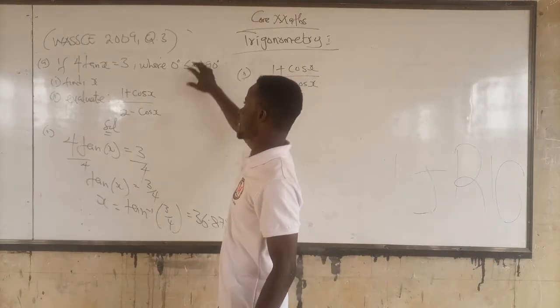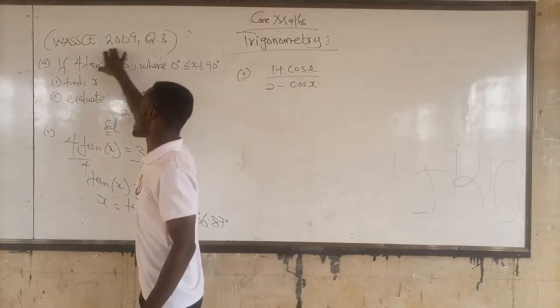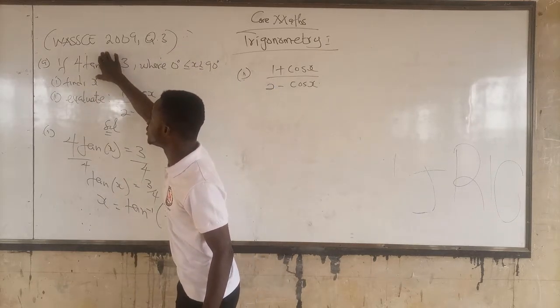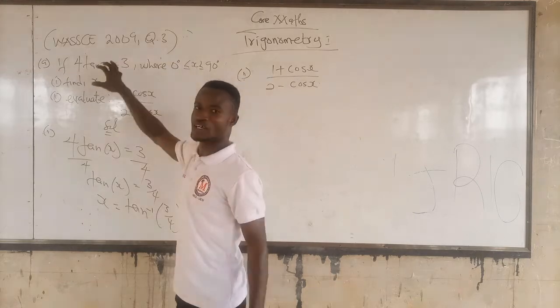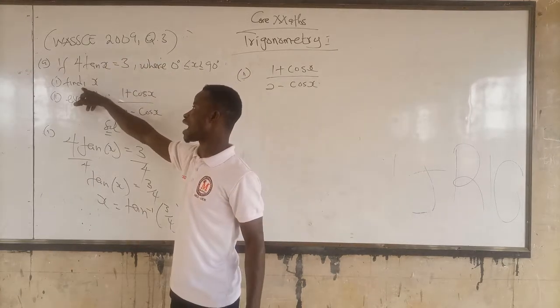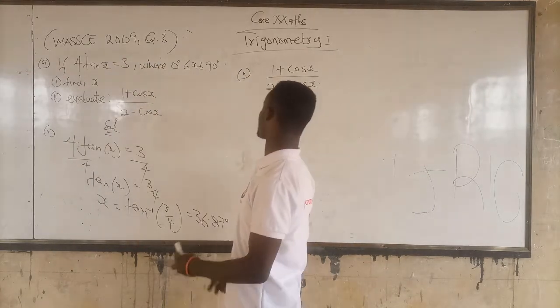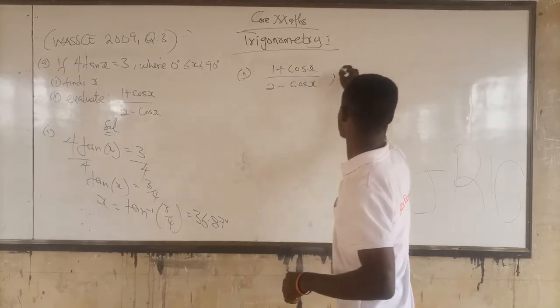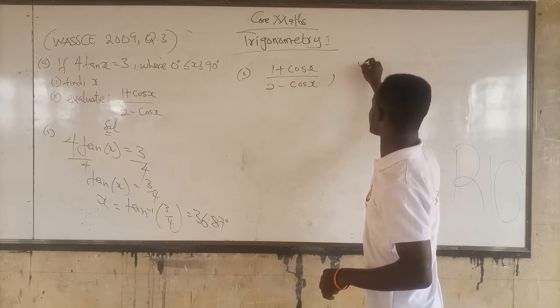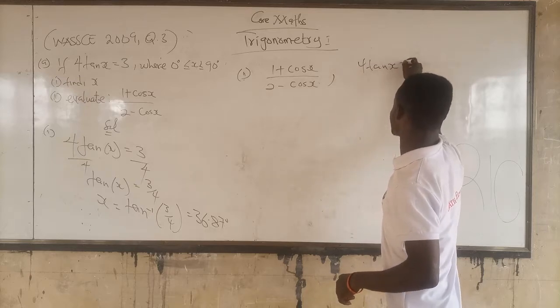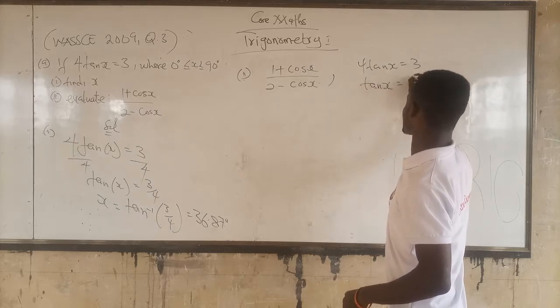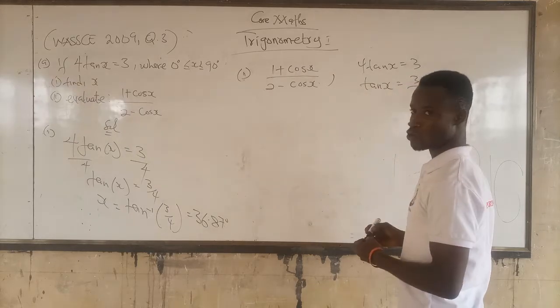Now, don't forget that looking at this question, the main statement that we are using to solve I and II is 4 tan x equal to 3. So from here, we know that tan x is equal to 3 over 4.